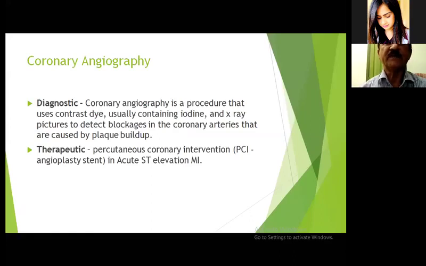Second is therapeutic, with the coronary artery PCI, percutaneous coronary intervention, angioplasty and stent. It is the primary treatment in centers like Isra University and in acute MI.